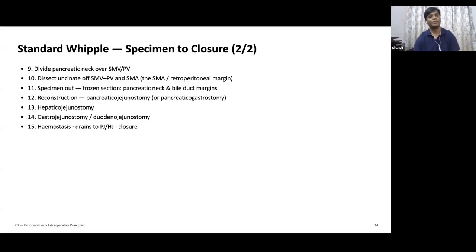Sir, the first jejunal vein will be there, and similarly multiple tributaries will be coming from the uncinate. Those have to be meticulously either clipped or ligated, and then we can divide the uncinate. The first jejunal vein goes behind towards the proximal part of the jejunum, giving some branches to the pancreas.